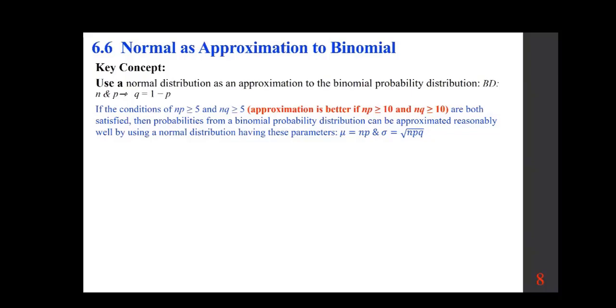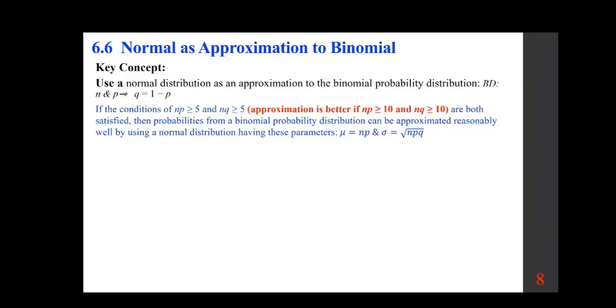When can we use normal as an approximation to binomial distribution? When np and nq are large. How large is good? We need them to be larger than or equal to 5. Now, bear in mind, in some texts they like it to be even more, and they use np and nq larger than or equal to 10.